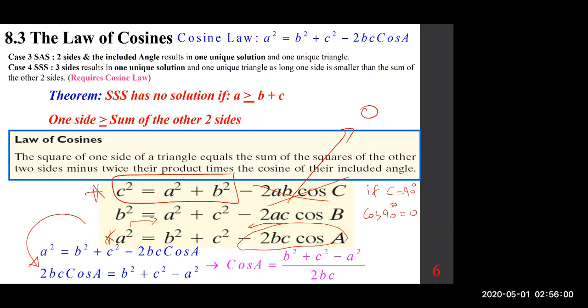All right, let's quickly look at the proof of that. Again, you're not responsible for that, but if you can follow it, you're in good shape. Let's look at the proof of cosine law.